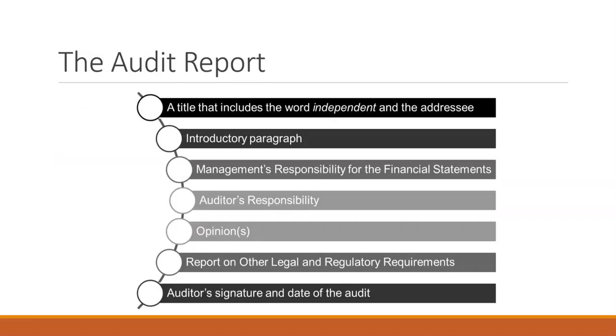Our audit report is going to include information about how they're an independent auditor, the management's responsibility for the financial statements, so that MD&A that the managers have to write, the auditor's responsibility, then the opinion. Other information that can be included can be required supplementary information.